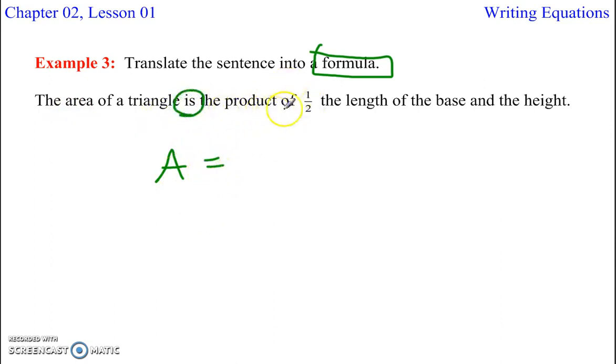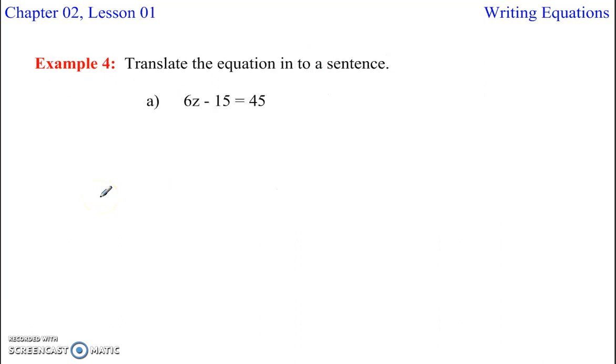The product means we are multiplying 1/2 the length of the base and the height. The product of 1/2 the base times the height. There we go. And there's your formula for the area of a triangle. Sometimes I like to make a little subscript shape there so we know what shape we're talking about.